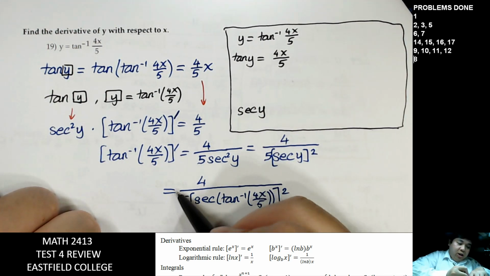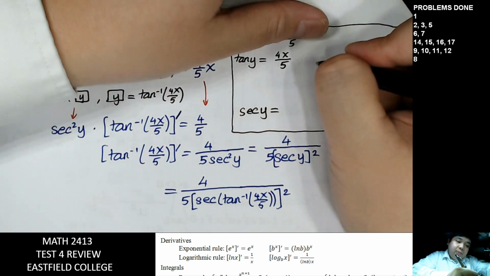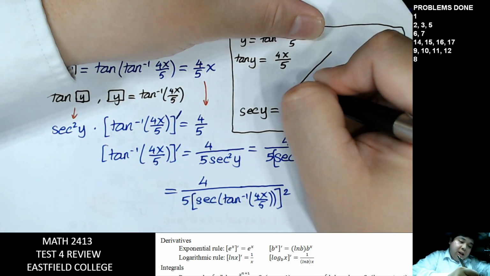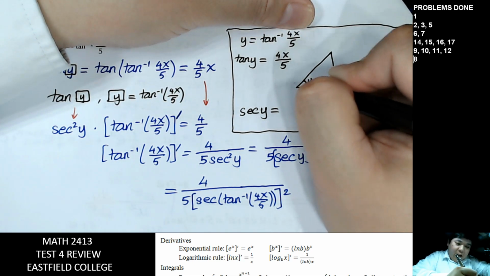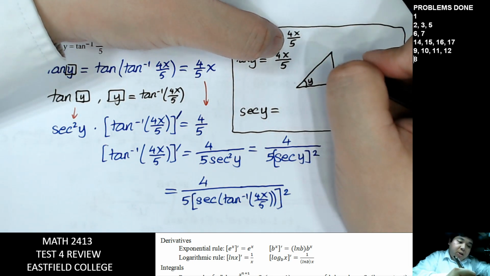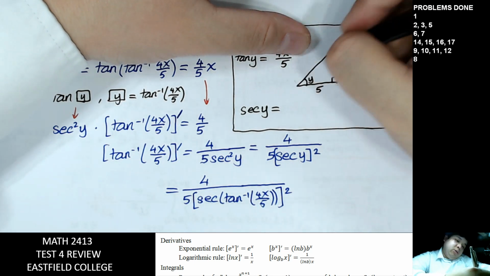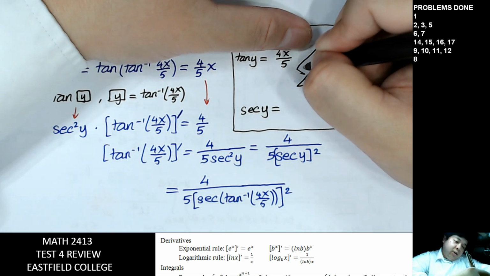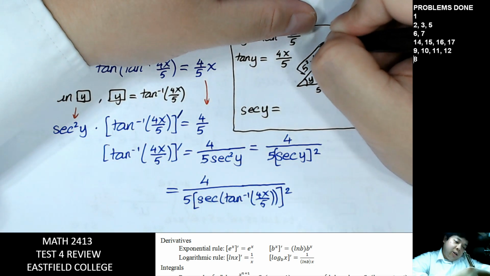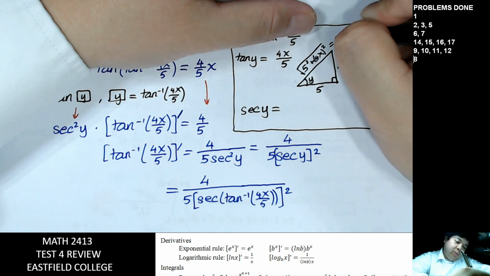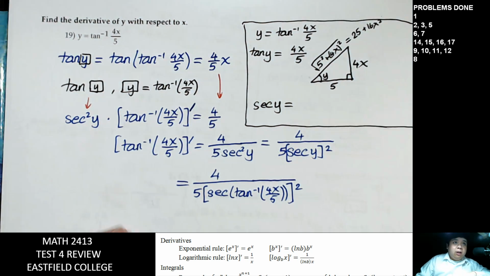Actually, we don't even need to write this. Now our tangent of y is that, so we put it in the right triangle. The angle is y. Tangent is opposite over adjacent. So this hypotenuse will be the square root of 5 squared plus 4x squared, which is 25 plus 16x squared. We don't even need this.